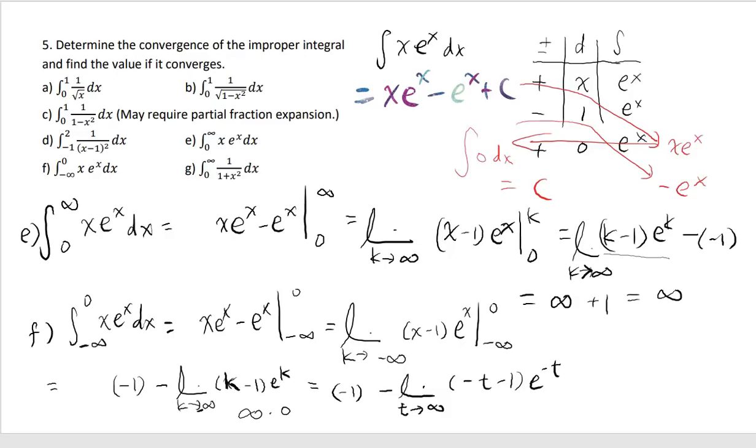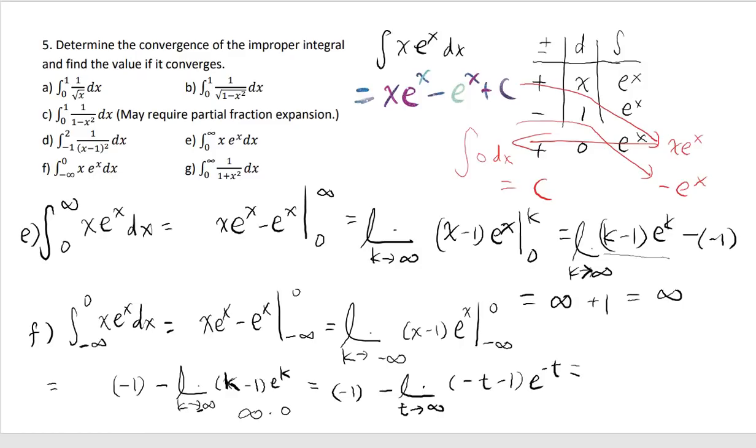And this is good because now you can rewrite e to the negative t as 1 over e to the t, and that becomes a fraction, which means you can apply L'Hopital's if possible. Okay, once again, to explain what I did, k is now replaced by negative t. Since k is negative of t, if k goes to negative infinity, t would go to positive infinity. And all k is now replaced by negative t.